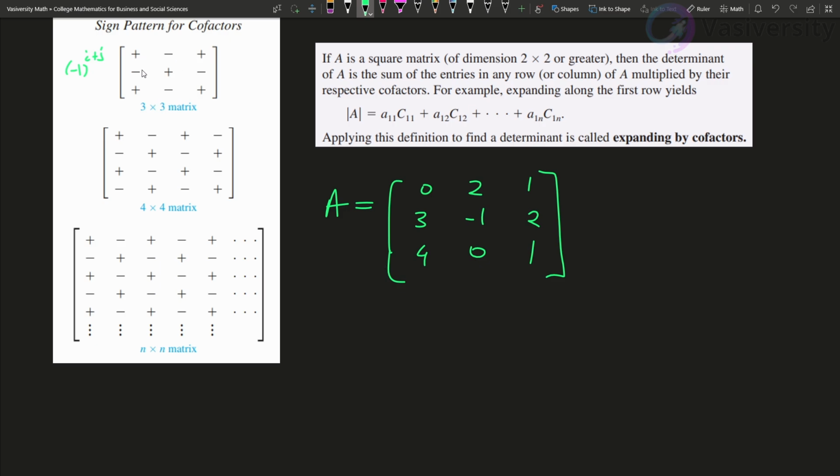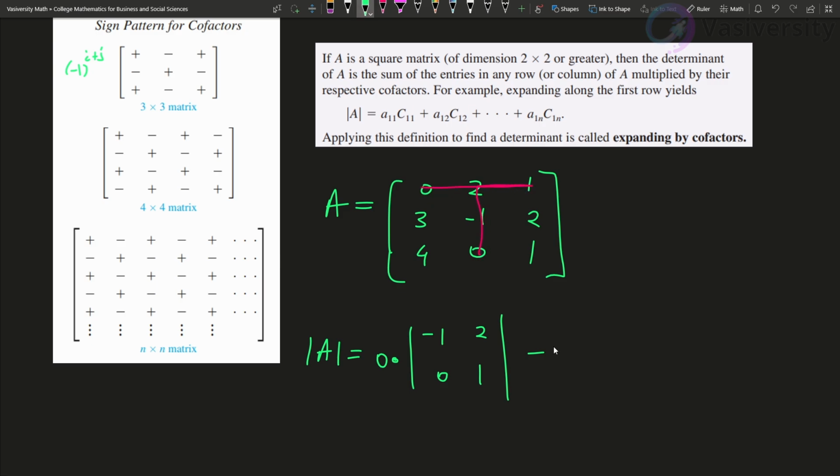So we know this is going to be the signs of the cofactors, and we're going to use the values. We're expanding across the first row. So the determinant of A is going to be, starting with the first part, 0 times negative 1, 2, 0, 1. Positive, because our sign is positive. Then the second one is negative. So we have first row, second column, and it's positive 2, so we're still going to keep the minus.